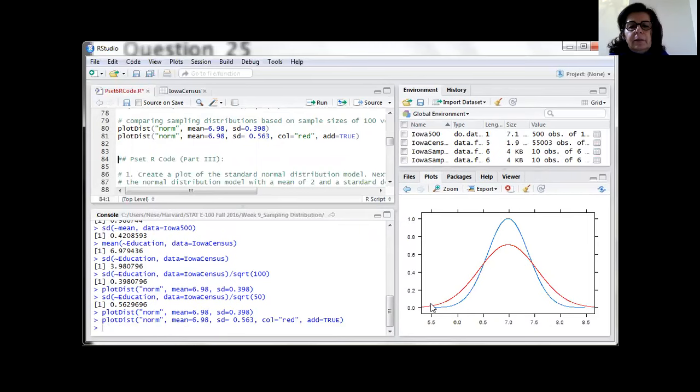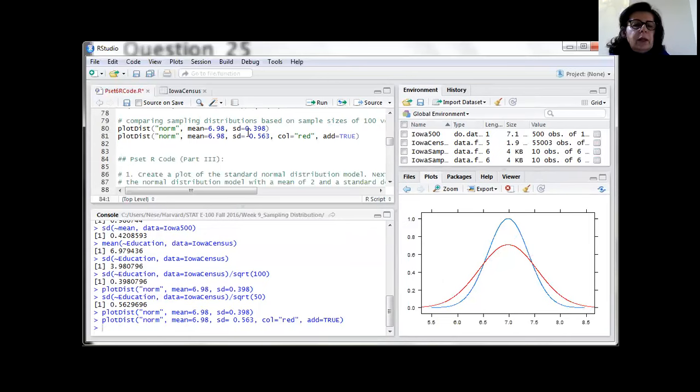As you see, when our sample size decreased, the variability of the sampling distribution increased. That's why we see the normal distribution model is going to be flatter than the previous one.